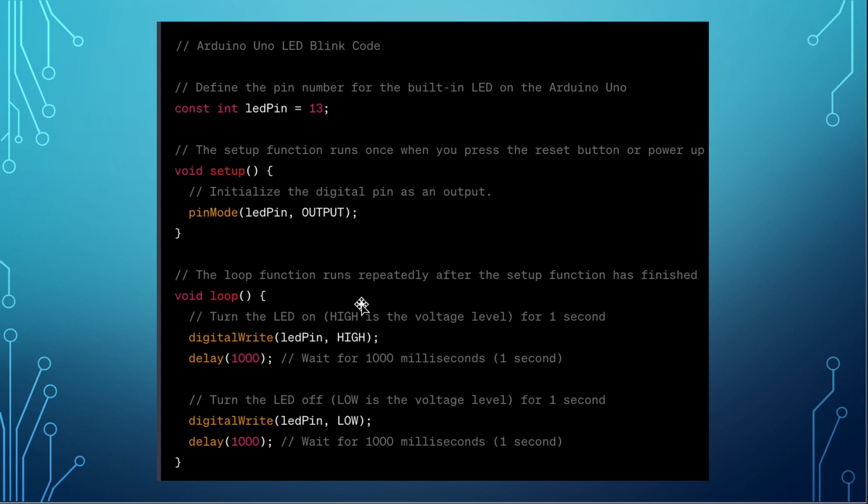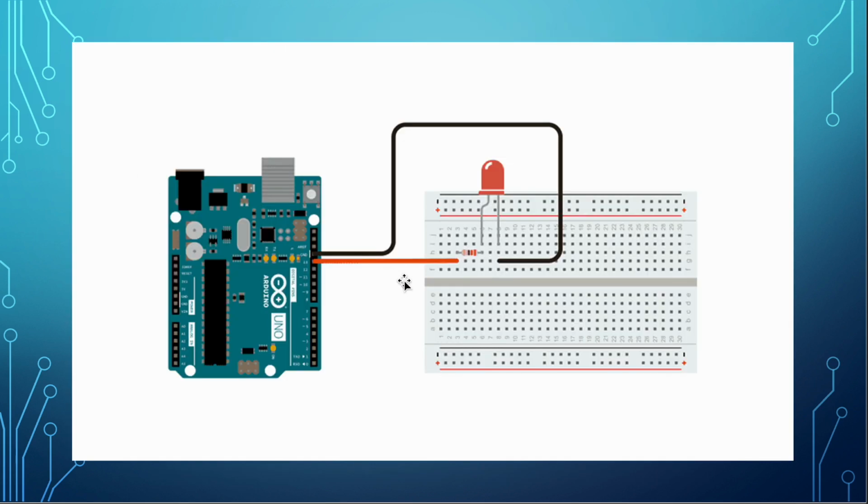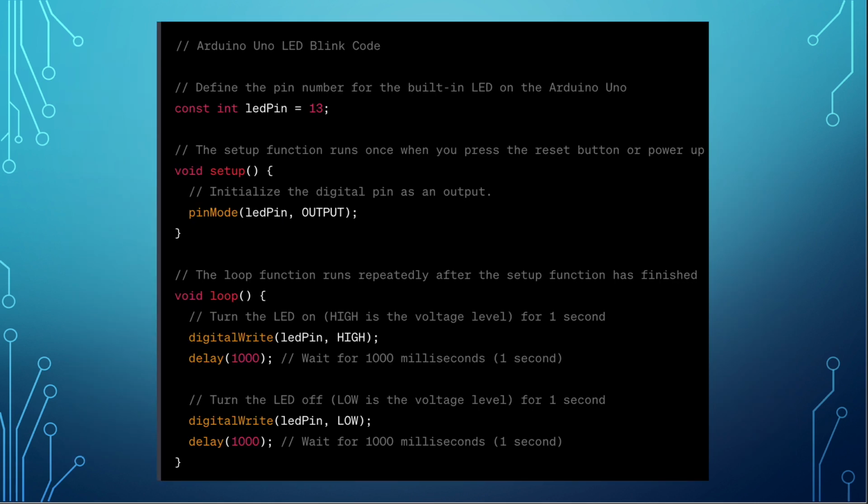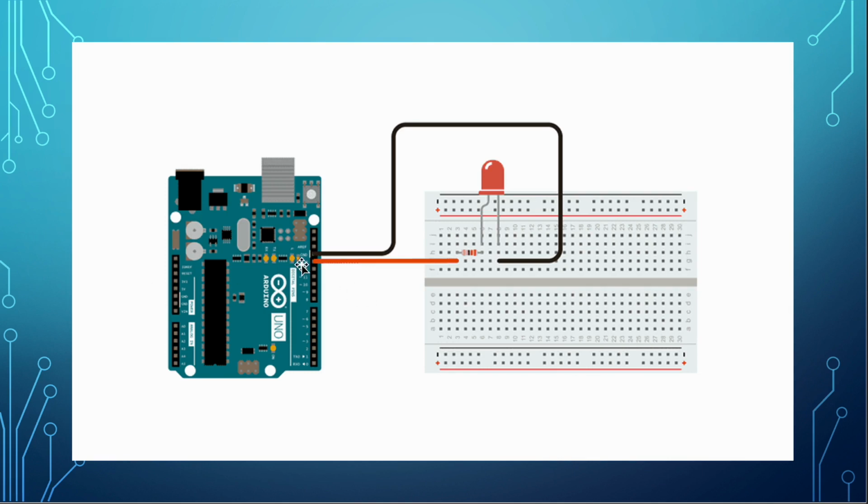So the first thing to do in an Arduino code, after you have done the circuitry, or when you have done the connectivity, is to start the code. So you have to keep in mind what are the pins that you have connected to which one.